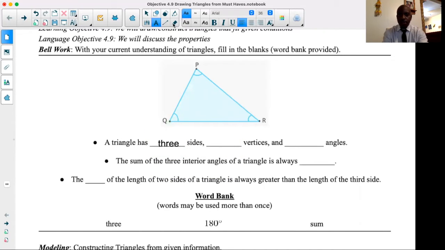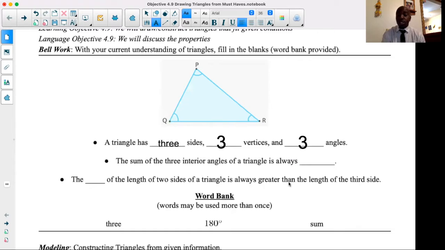So three sides, it also needs to have three vertices and also three angles. The word three is only there once. It's okay. It says in there words may be used more than once, right? It has to have three sides. You know this has to have three vertices.